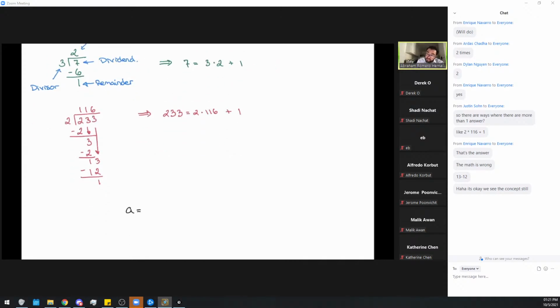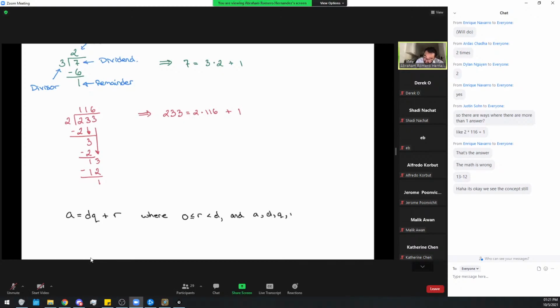This is going to be A is equal to D times Q plus R, where R is less than D but greater than or equal to 0. Also, A, D, Q, and R are integers.